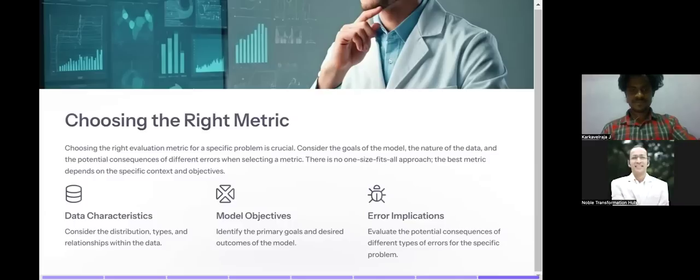Okay. Then error implications: evaluate the potential consequences of different types of errors for the specific problem. So understand the errors properly, and errors have solutions. It's a game: errors, problems, and solutions. You will see both.